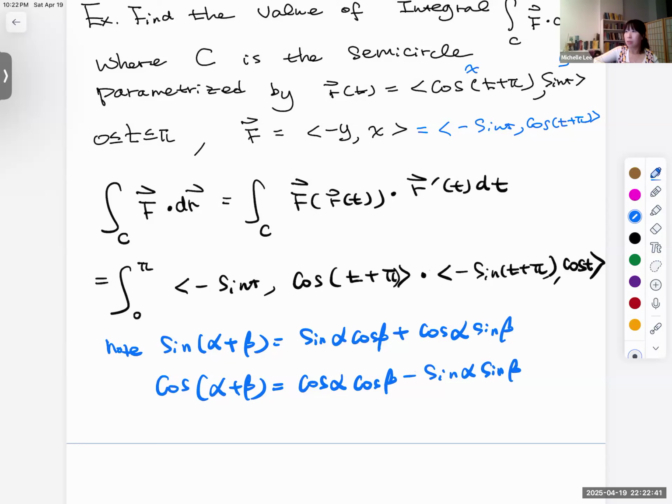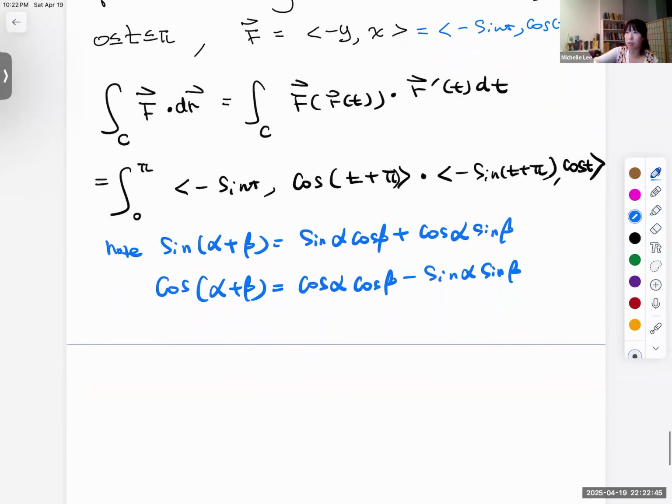Then cosine t plus pi, follow the formula: cosine t cosine pi minus sine t sine pi.